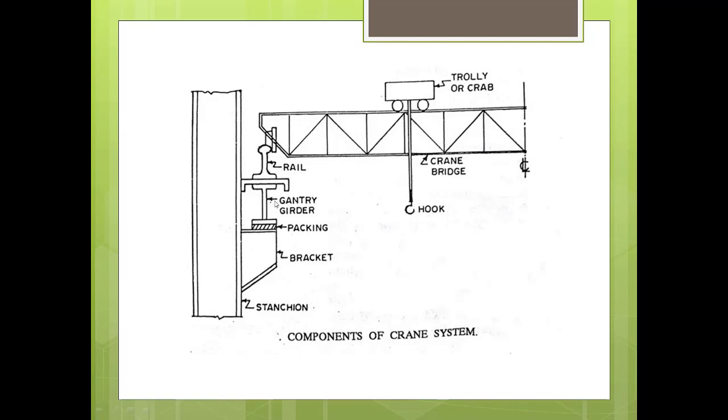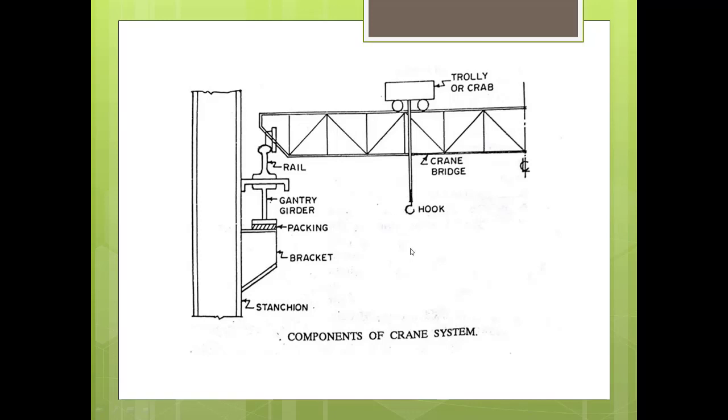Then there is a rail placed on it, which is connected to the crane bridge. The crane is kept on the gantry girder. On the crane bridge you can see a trolley or crab which is moving, as I already said in the previous diagram. The hook is connected to the trolley or crab, and on this hook the load will be attached.